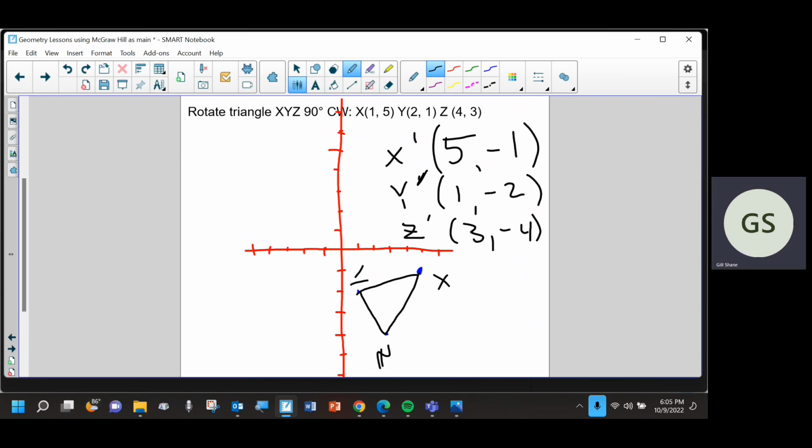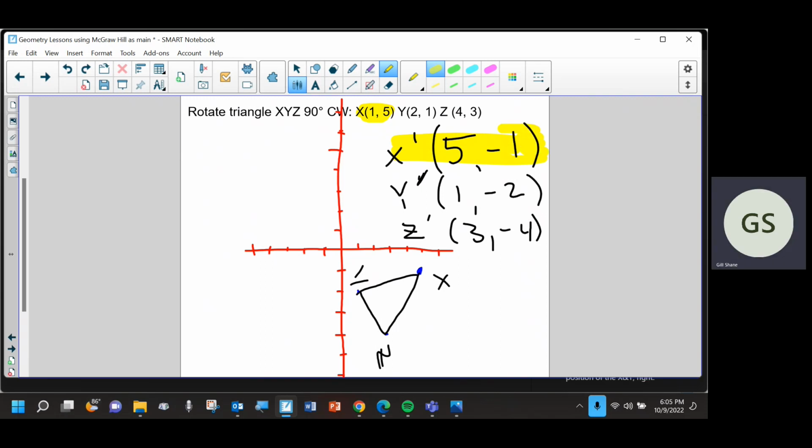There should be a pattern for every single new ordered pair. So for example, going from my original X right here to my new X, if you notice, I switched the position of the X and Y, right?